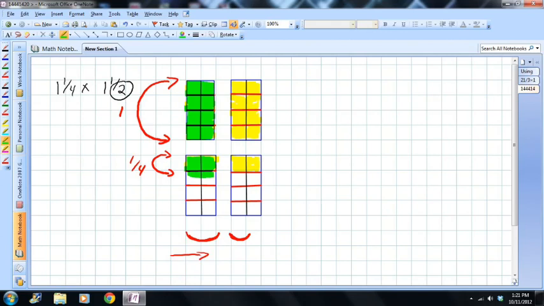Let me use a different color here, and choose a different color here.